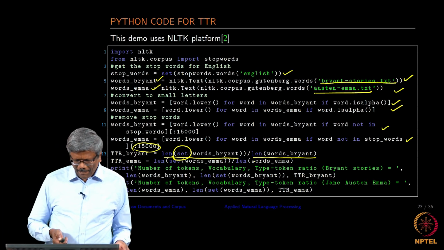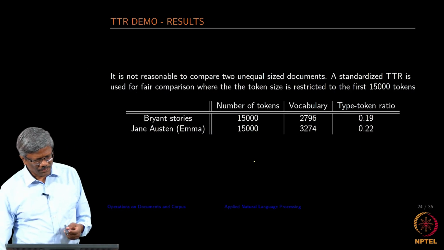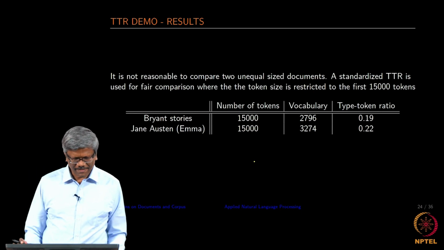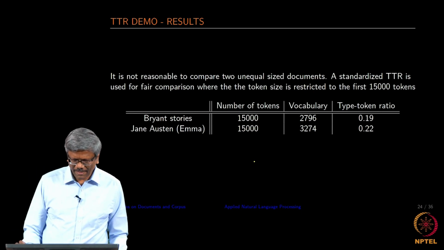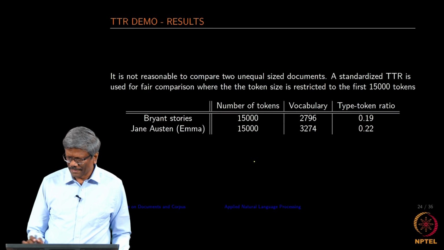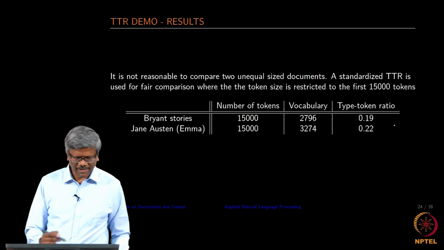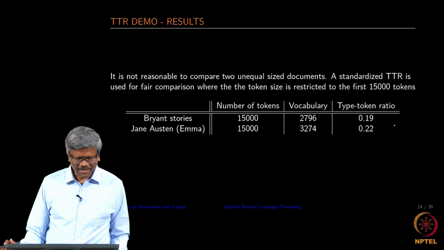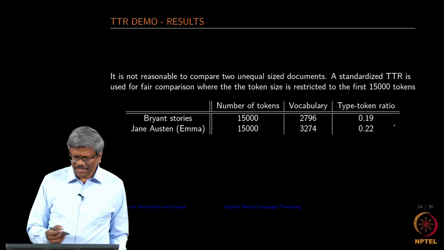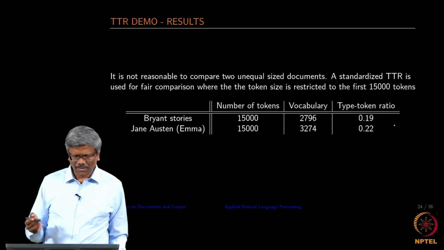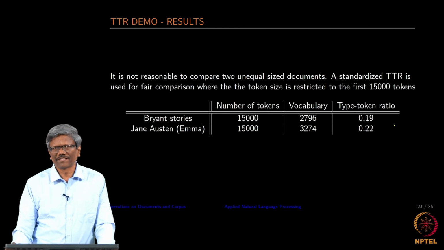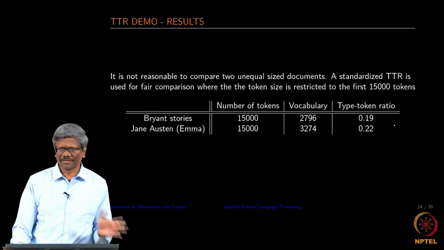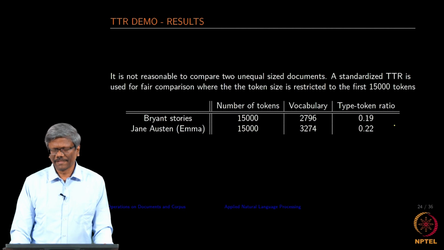In the next slide there is a table that represents the vocabulary and the type token ratio for each of the corpora. As I mentioned earlier, it is not reasonable to compare two unequal sized documents. That is why I have restricted the token count to 15,000 in these cases.